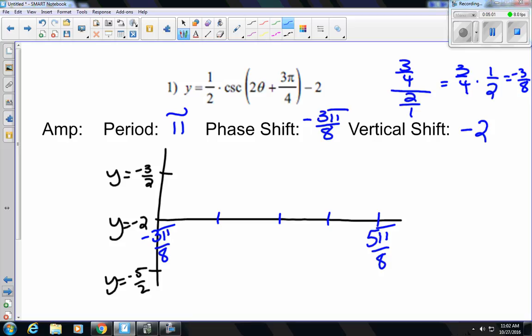So you know how if we're in the calculator it says x scale? The x scale is your period width. Okay, so pi divided by 4 is pi over 4. If I want to do this the easy way without having to use my calculator, I'm going to make pi over 4 a fraction over 8: 2 pi over 8. So negative 3 pi over 8 plus 2 pi over 8 is negative pi over 8.